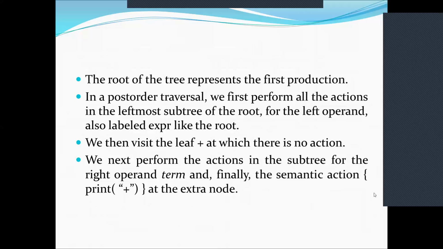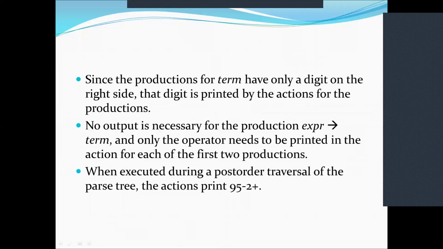Since the productions for term have only a digit on the right side, that digit is printed by the actions for the production. That's what I said. The action that has to be done is the print. So it translates the production and does the action accordingly. No output is necessary for the production expression to term, and only the operator needs to be printed in the action for each of the first two productions.